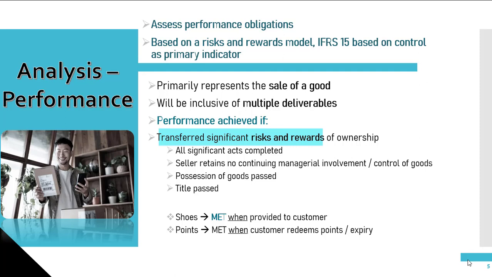Some indicators of this are that all significant acts have been completed, the seller does not maintain continuing managerial involvement or control of the goods, and that the possession and the title have passed on. In this case, when the shoes are acquired by the customer, these criteria are met. However, this is only met for the loyalty points when the customer redeems the points or they expire.